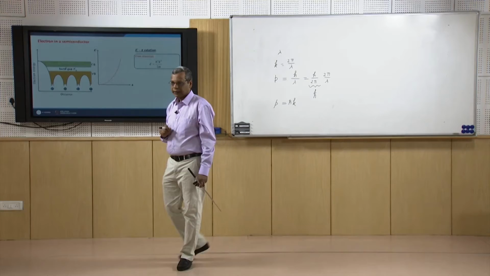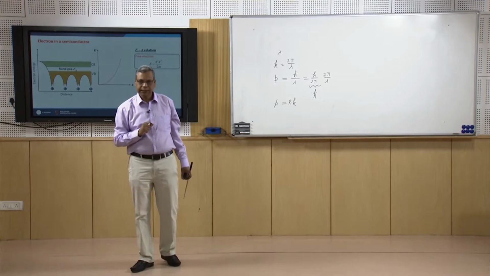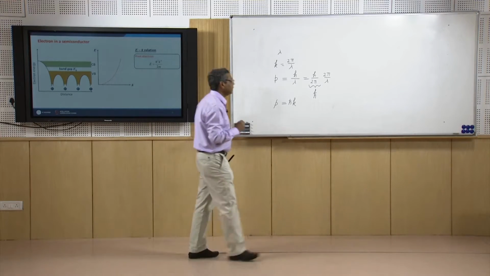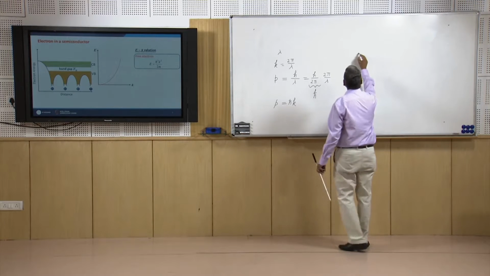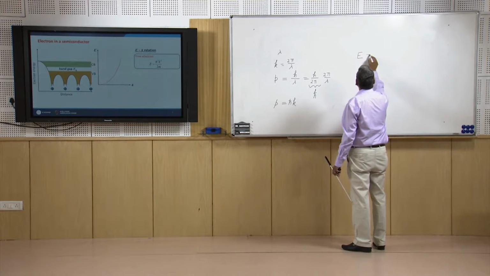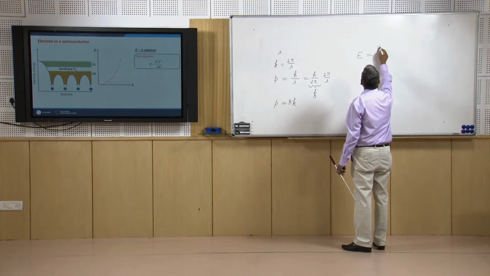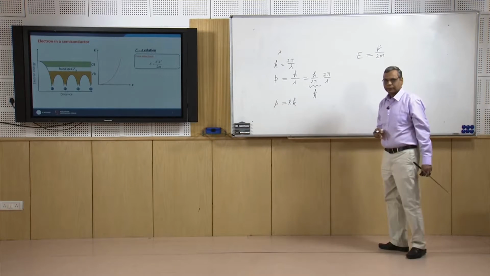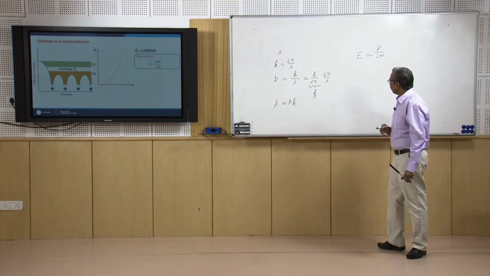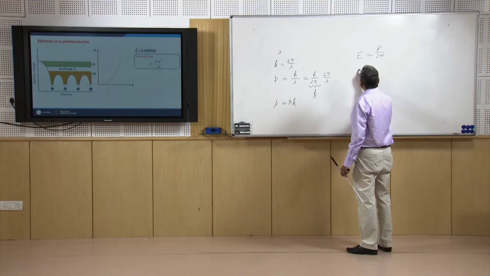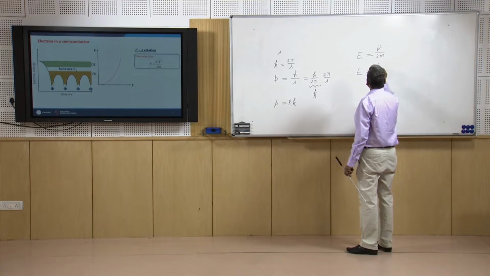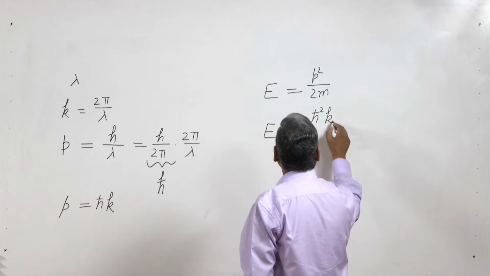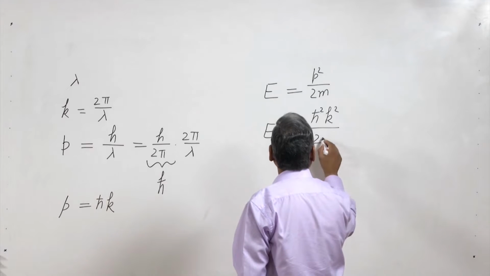Now, if the electron is in free space, then its kinetic energy can be given by E is equal to p square over 2m. Or I can write it as E is equal to h cross square k square over 2m.